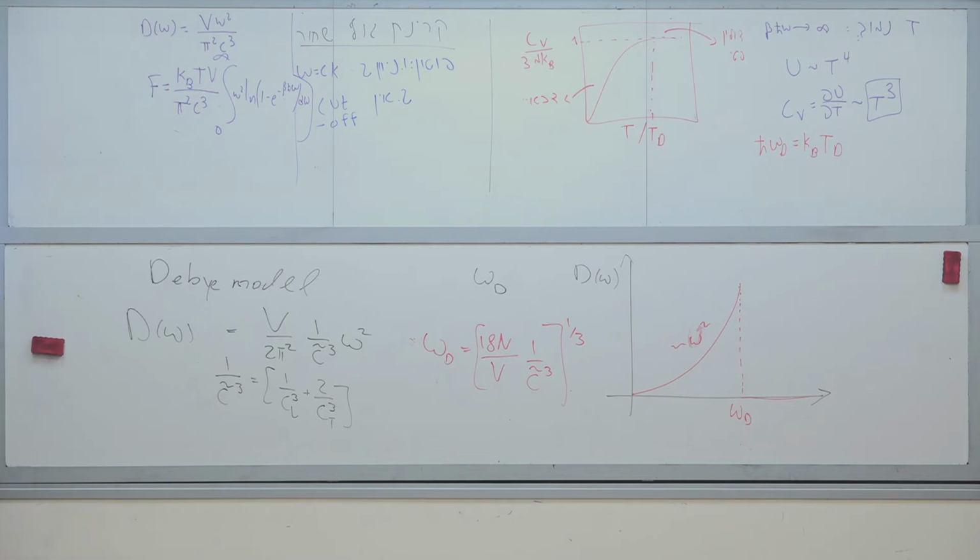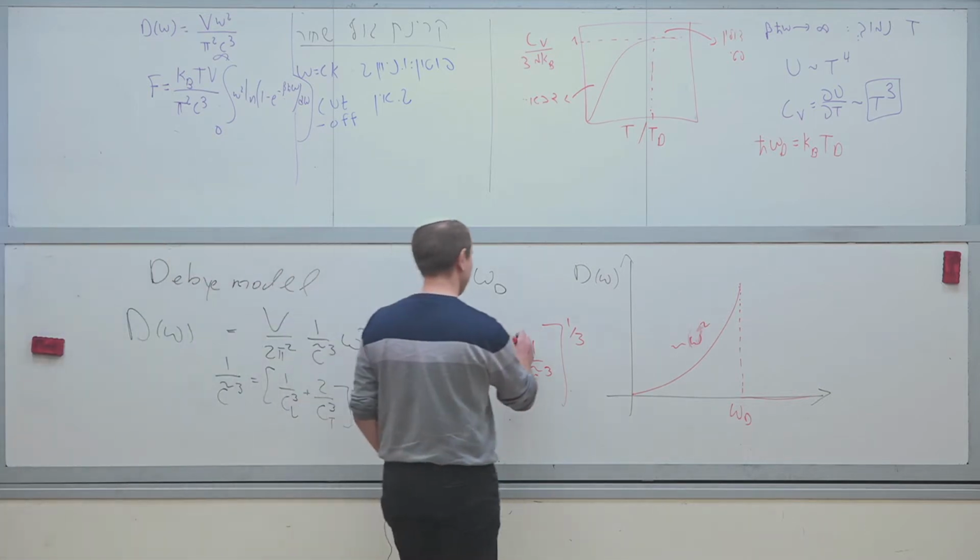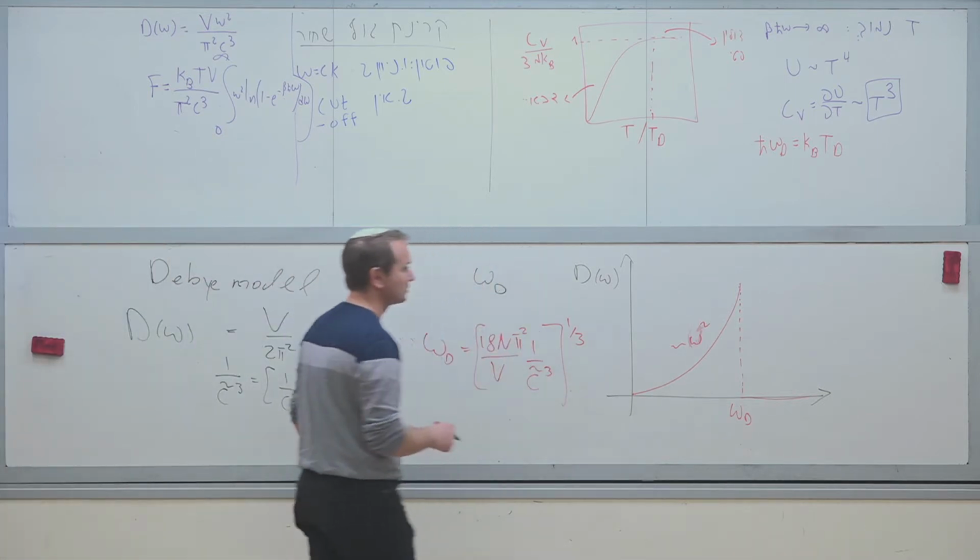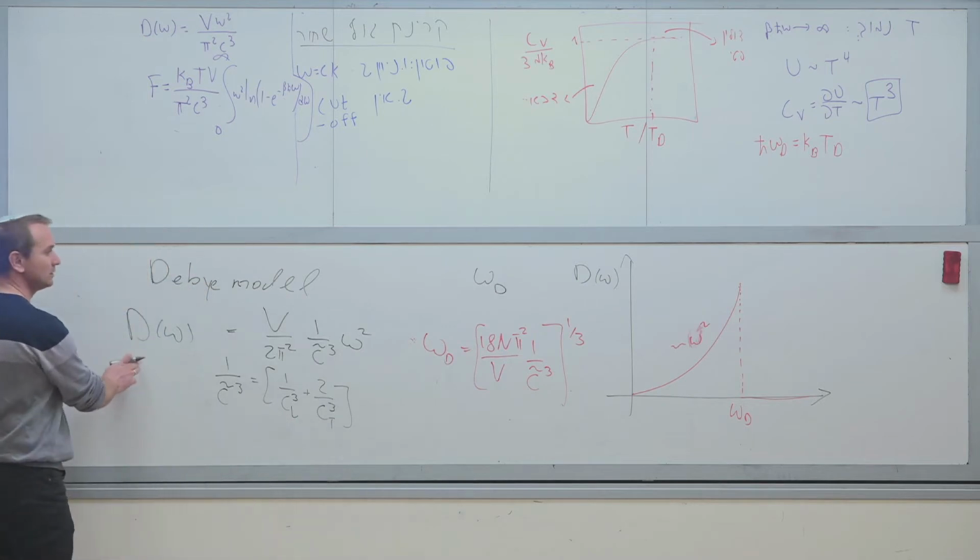This is what I have in my notes. I'm missing some pi's over here, so it is pi squared over here. Okay, so we stopped at this point.